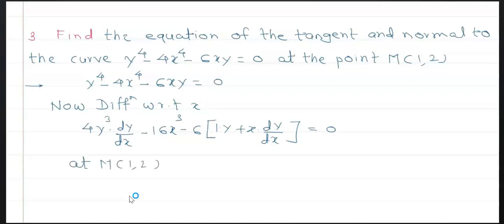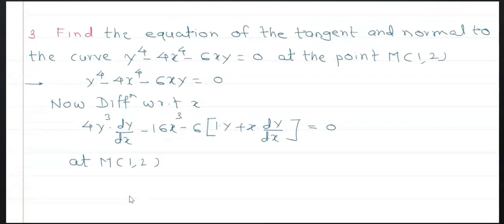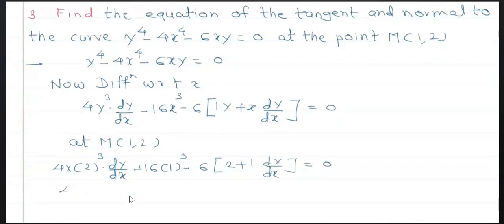And at the point (1, 2), x is equal to 1 and y is equal to 2. Four into 2 raised to 3 into dy by dx minus 16 in bracket 1 raised to 3 minus 6 in bracket 1 into 2 plus the value of x is 1 into dy by dx, that's equal to 0.